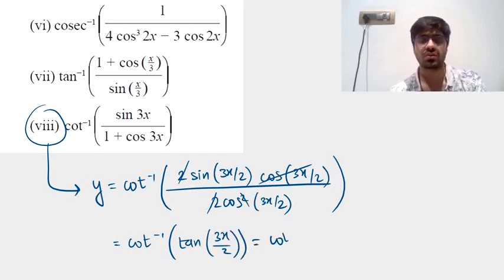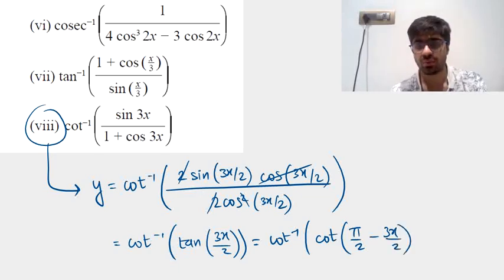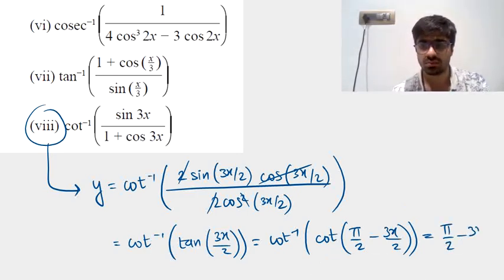And this will be cot inverse of cot of tan theta, right? So that's cot of 90 minus theta, so pi by 2 minus 3x by 2. Okay, so cot inverse of cot gets cancelled, you are left with pi by 2 minus 3x by 2.